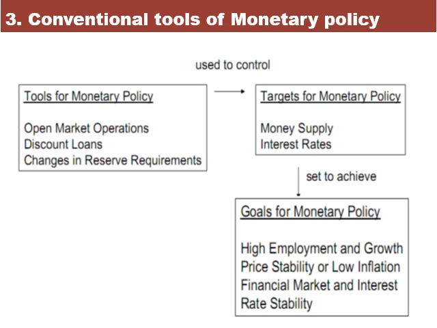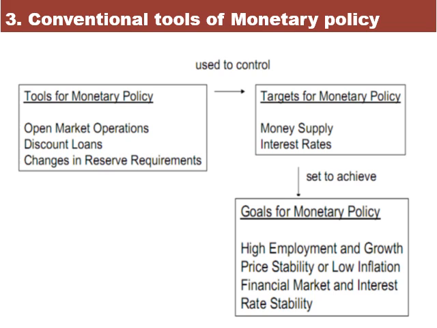Now, let's summarize the relationship between the objectives, tools, and targets of central banks. As we can see in the figure, the central bank uses its three tools to achieve the targets, and when these targets are achieved, the final goals of monetary policy should be achieved.